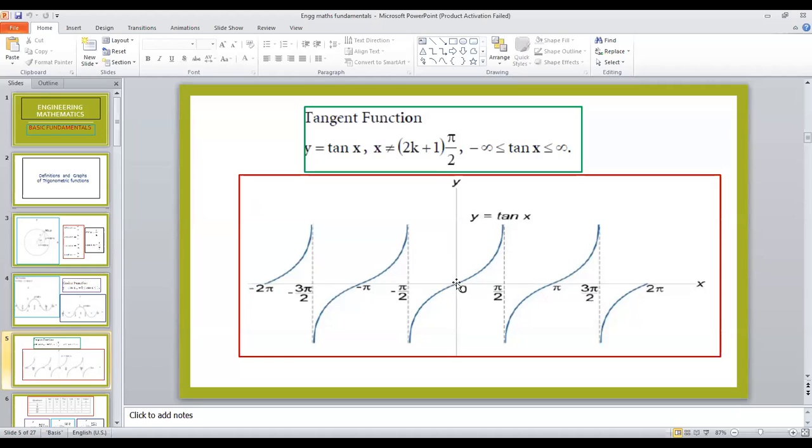But you know this graph is also symmetrical about the origin. You come to the left or right side. See here, now minus π/2. Tan of minus π/2 is also minus infinity.